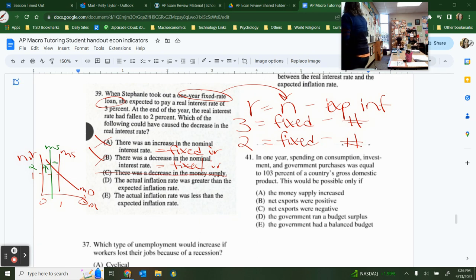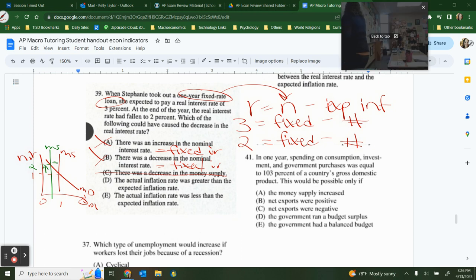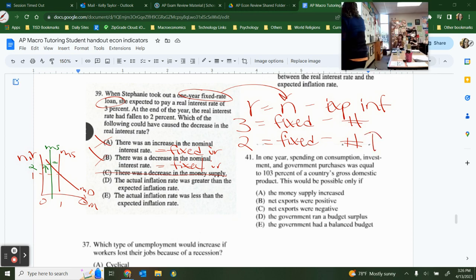It was bigger because we're subtracting. So we must have subtracted a bigger number than what we thought it was going to be for our answer to be smaller. And so the one that says that is the actual inflation rate was greater than what they expected it to be, because our answer was smaller than what we thought it was going to be. So the inflation monster must have eaten away more.